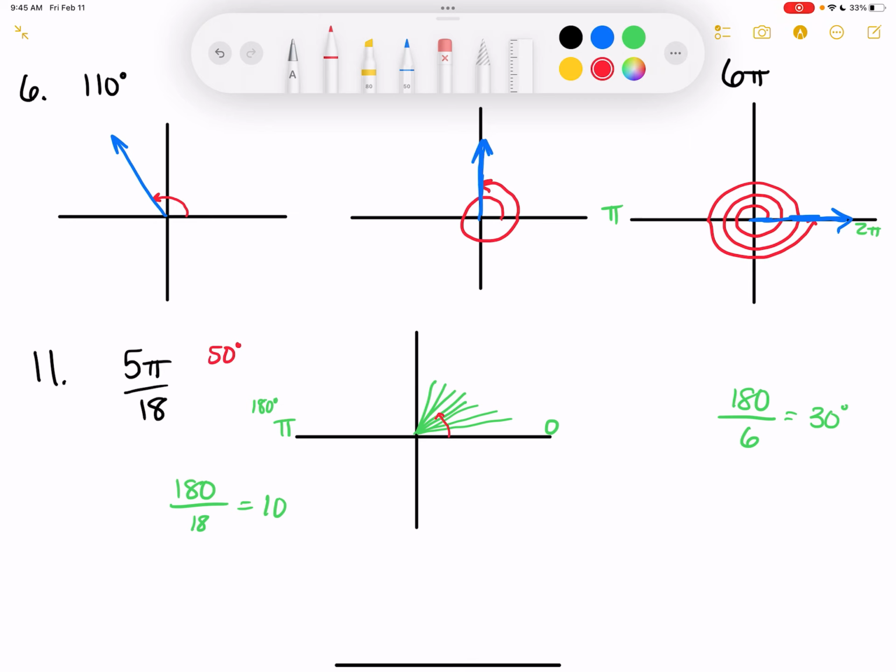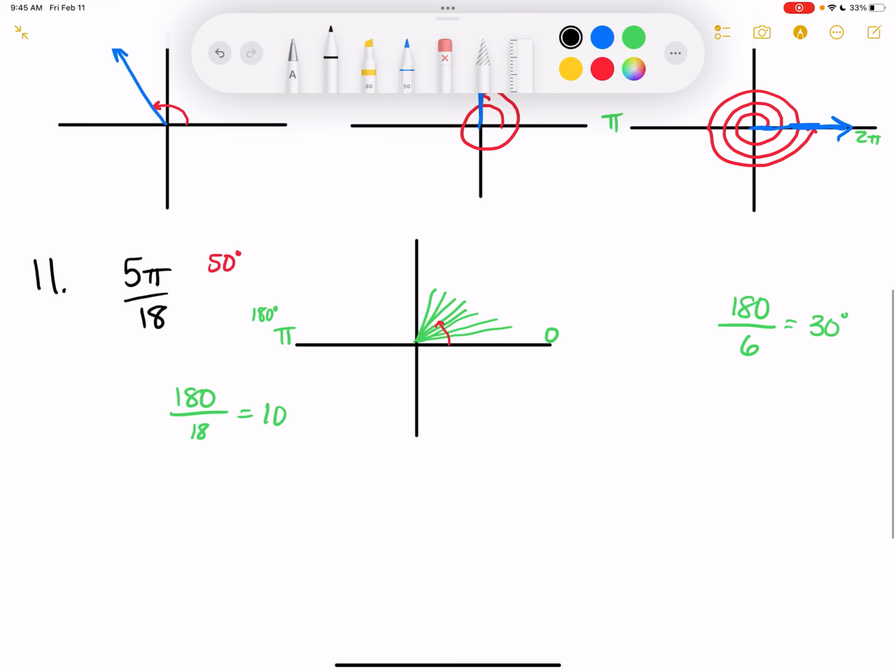Then 9 pi over 9 would be here, and we would keep going around. So this would be 18 pi over 9, and then you would just keep going around in groups. But again, don't stress about those ones too much. That is not what I'm overly concerned about in the slightest.